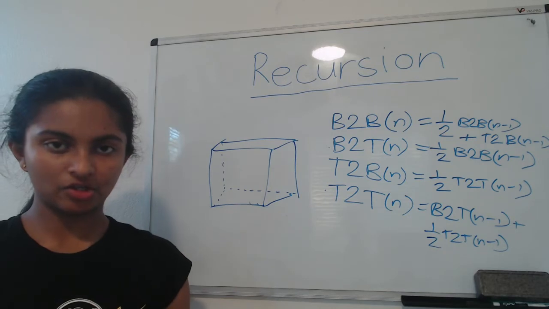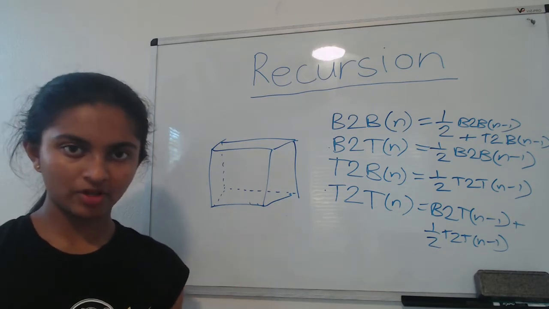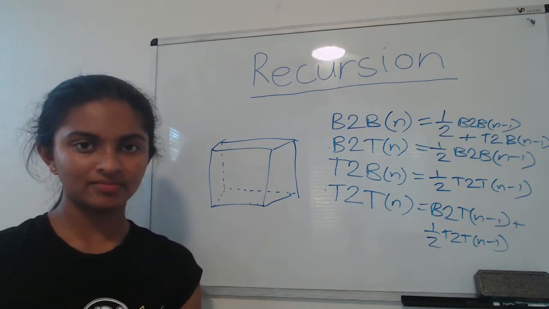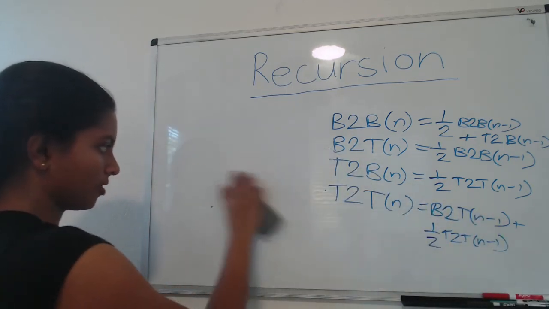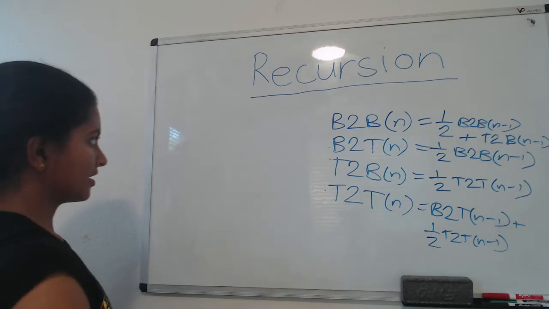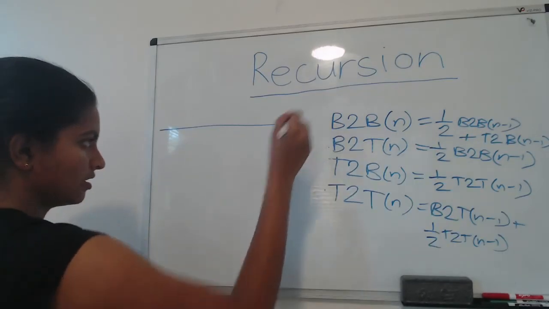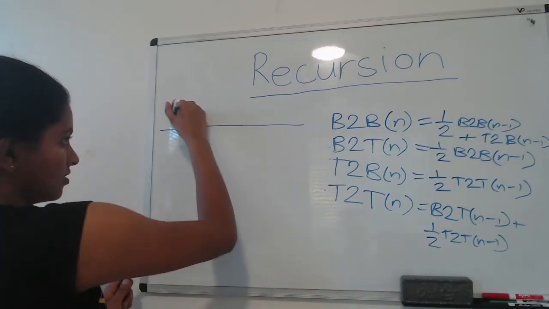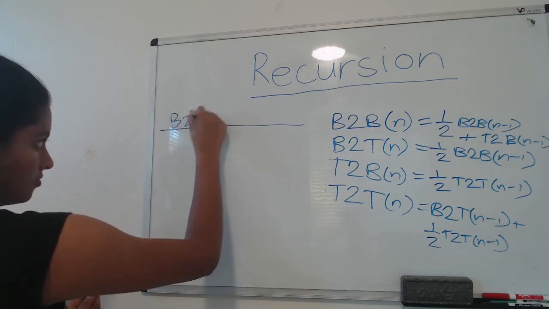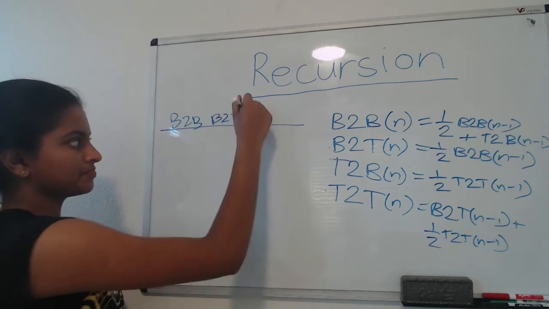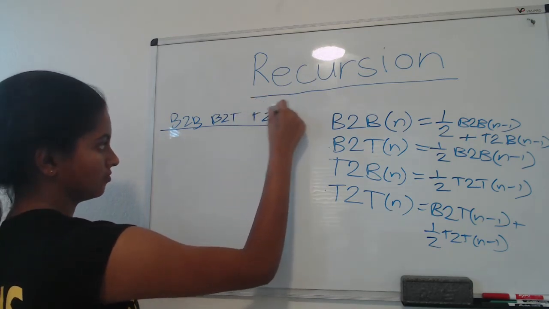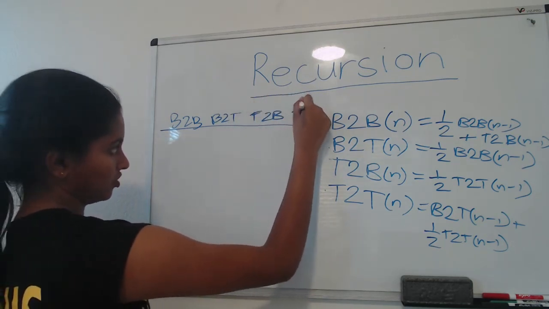Now all we need to do is get a recursion table going. To do this, I will unfortunately have to erase this cube, and then I can draw a table. B to b, b to t, t to b, t to t.